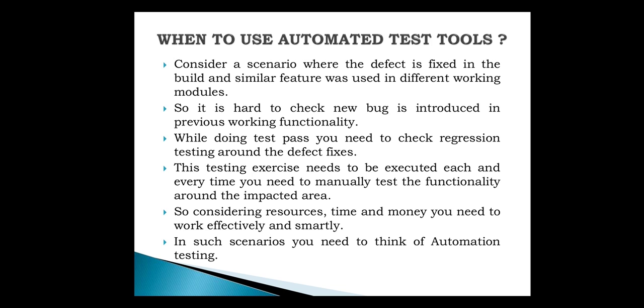So that time you can use the automation testing tool to check the functionalities around the impacted area. Considering resources, time and money, you need to work efficiently and smartly. In such scenarios you need to think of automation testing.